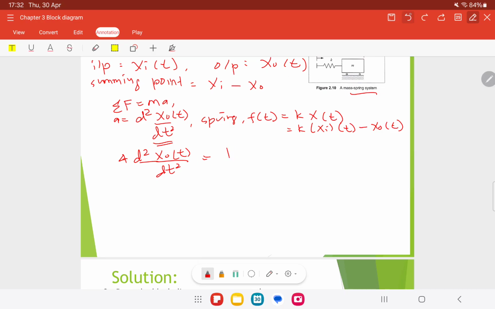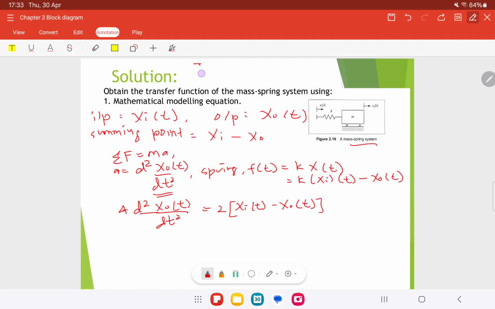K is 2, so you can put 2 straight away, xi(t) minus x naught(t). Our purpose is to get the transfer function, which is x naught over xi, in terms of s or in terms of the t domain.